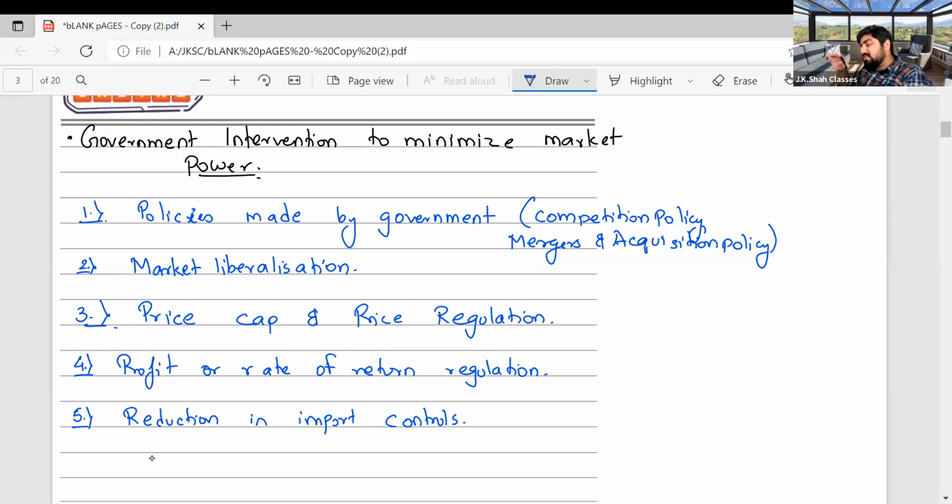Right now, let's suppose we have restricted the imports. Restricted the imports, that means we are controlling imports, yes or no? But because of that control of imports, the monopoly is increasing in India.